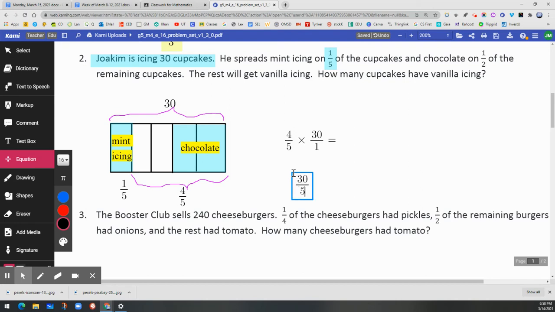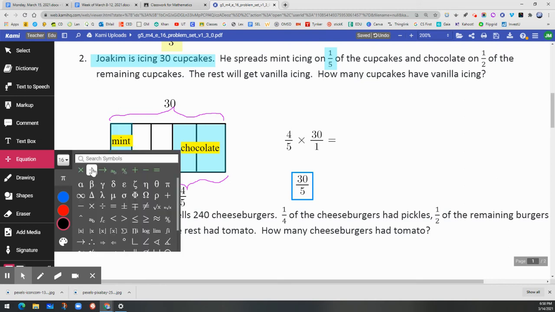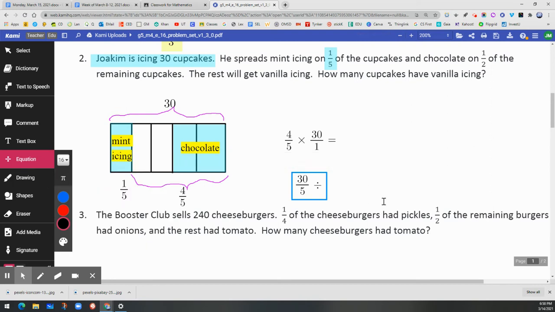You look for numbers that can be divided by the same number. The 30 and the 5 must be divided by the same number on the numerator and denominator. In this case, 5/5. Now, 30 divided by 5 equals 6, because 6 times 5 equals 30. And 5 divided by 5 equals 1.